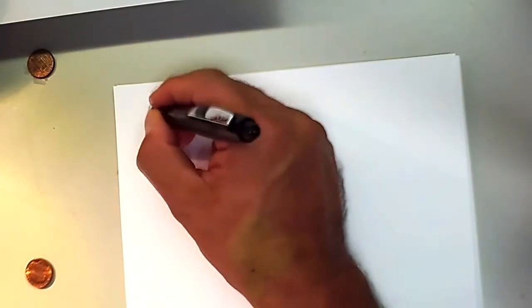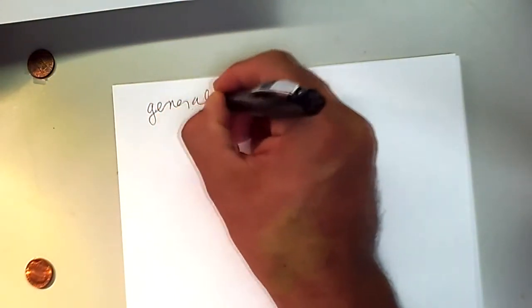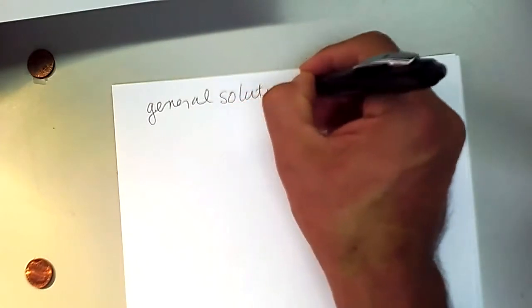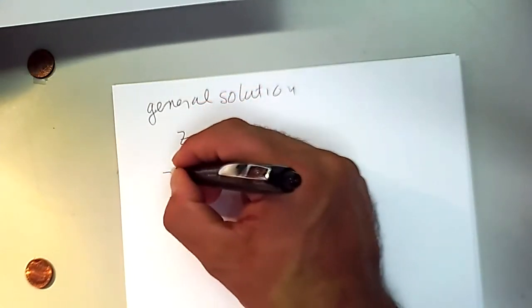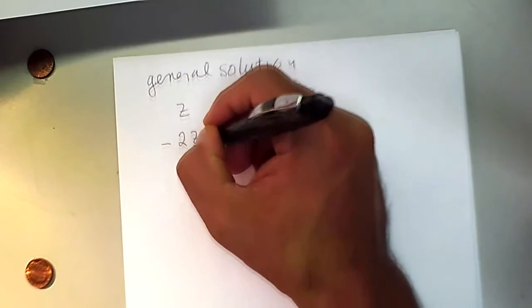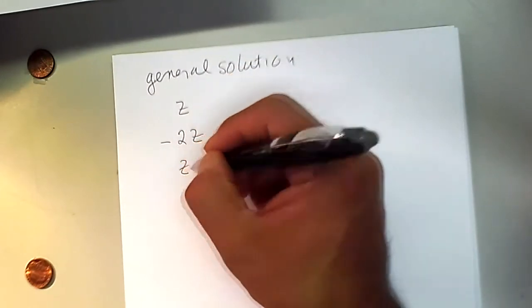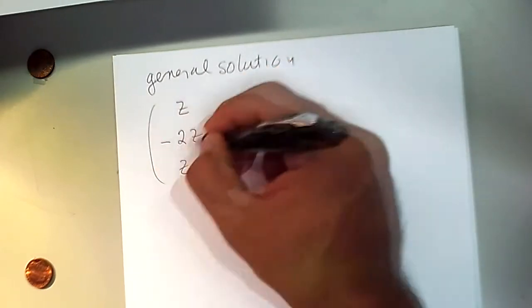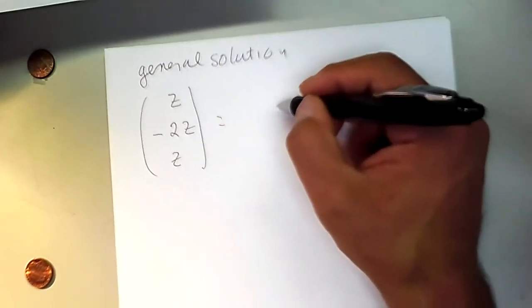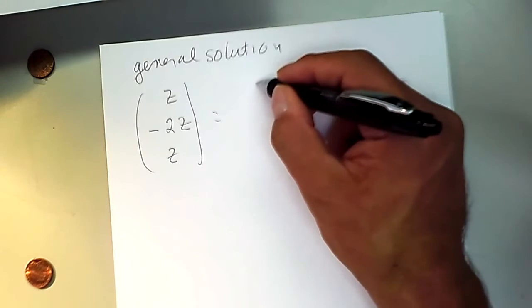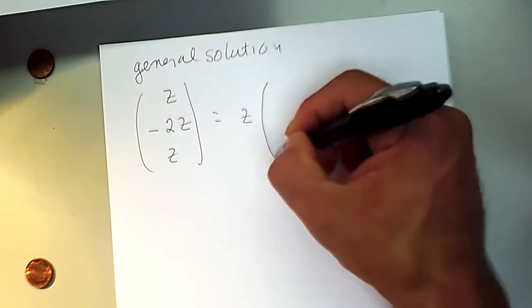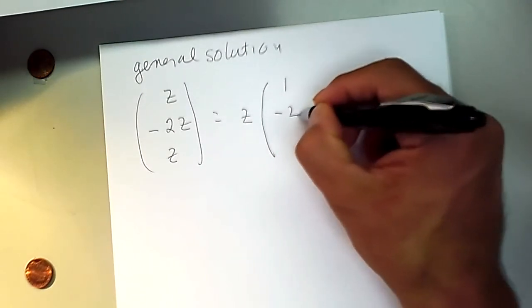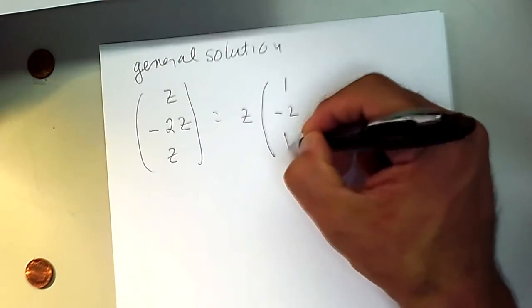So the general solution can be written as z, negative 2z, z, which is the same thing as, if we factor out the z, 1, negative 2, 1.